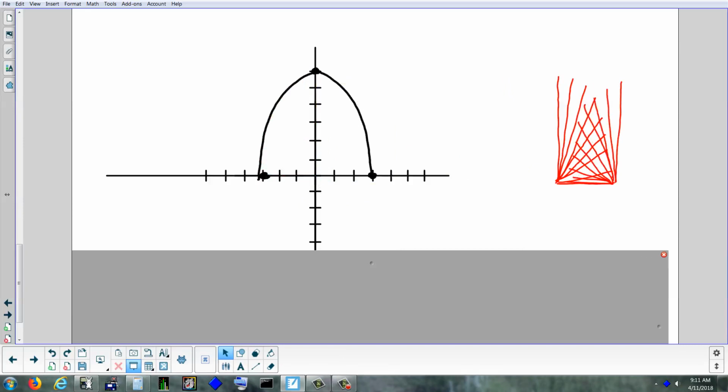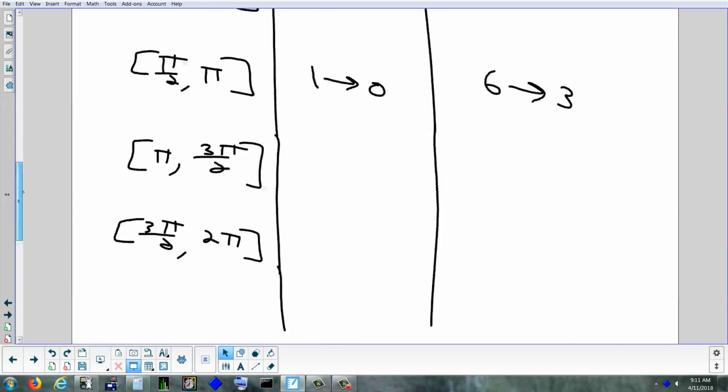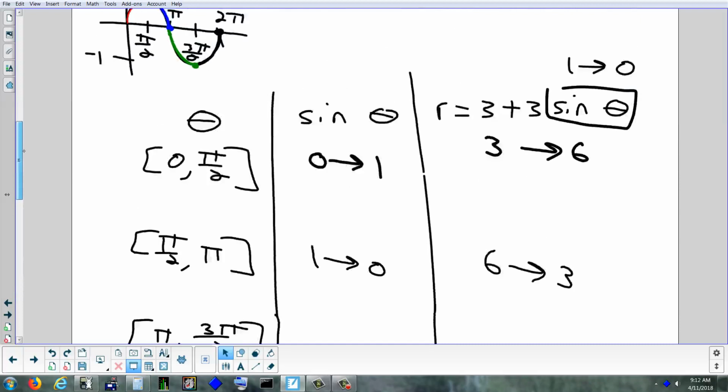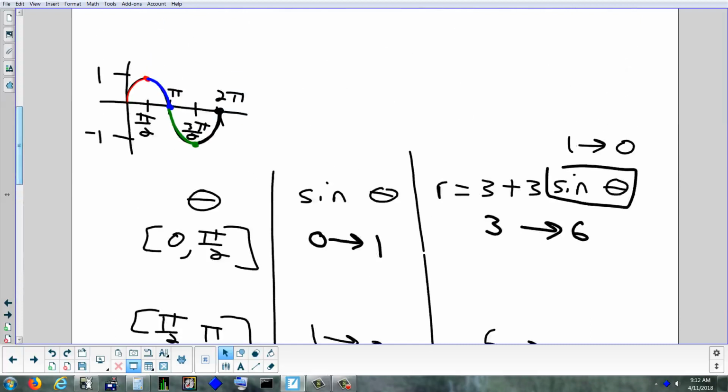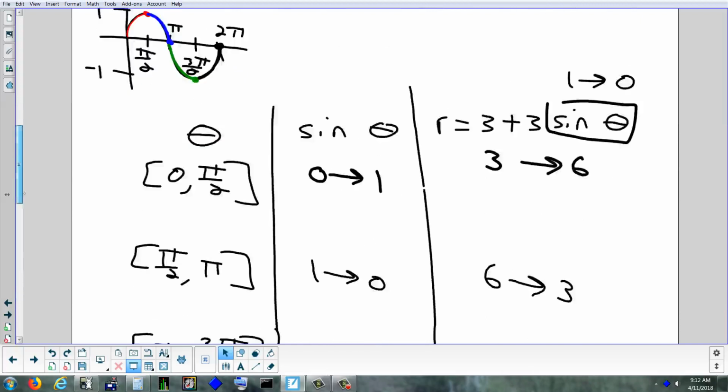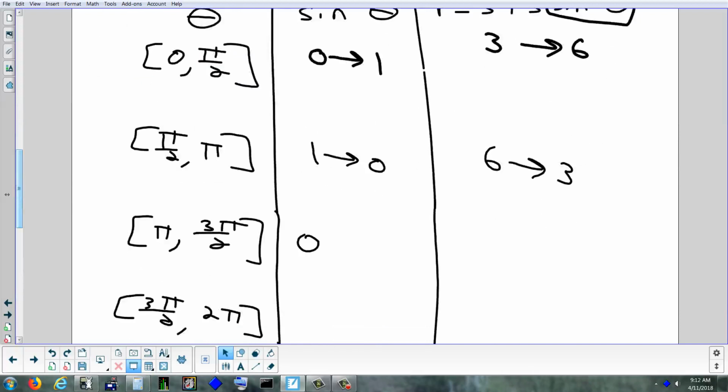All right, now let's figure out what's happening in quadrant 3. Let's start with the sine. What's the value of sine going from in the green section? From what to what? Yeah. 0 to, yep. Here we're going 0 to -1.